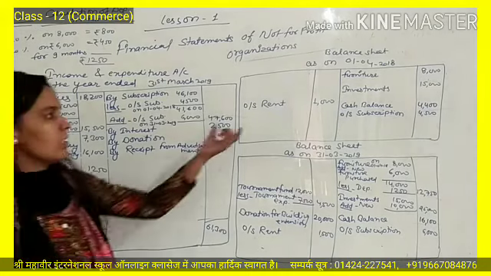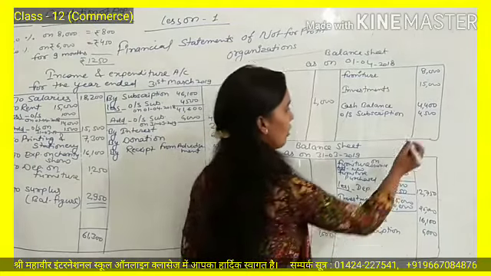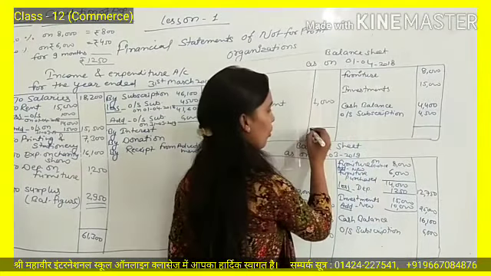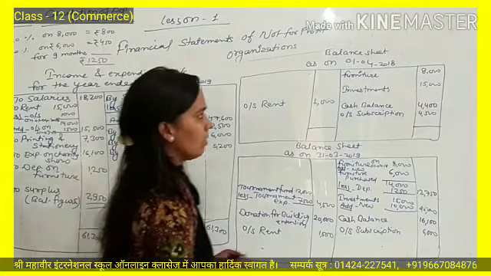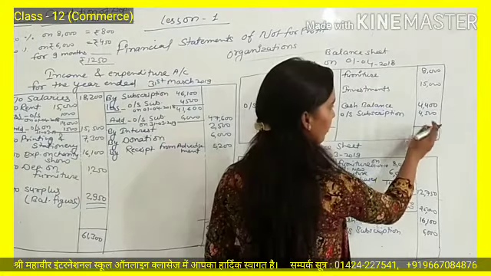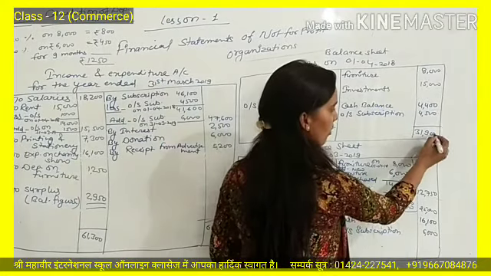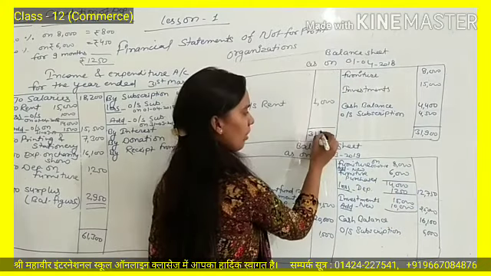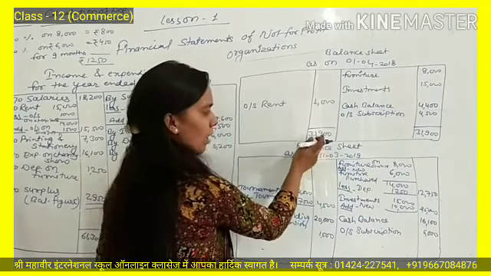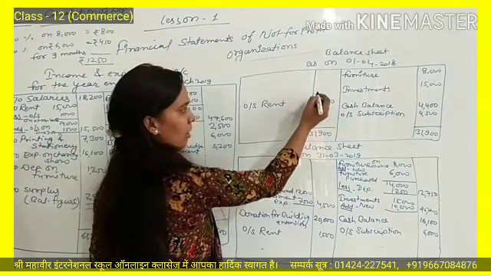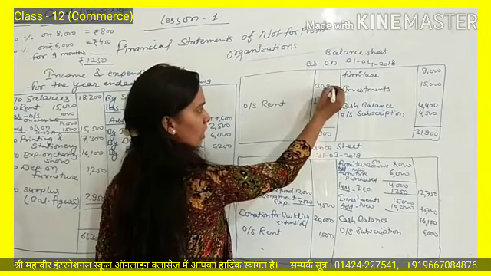After this, just match the balance sheet or find the amount of capital fund, opening capital, 31,900. Out of 31,900, just deduct 1,000, then you got 30,900.